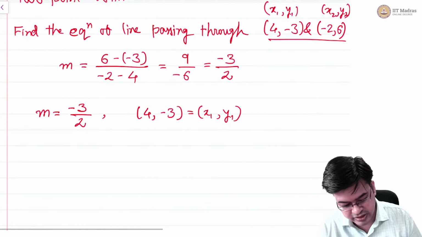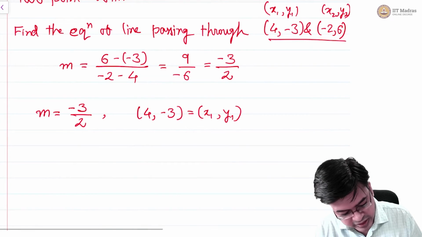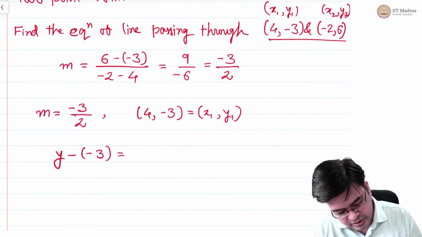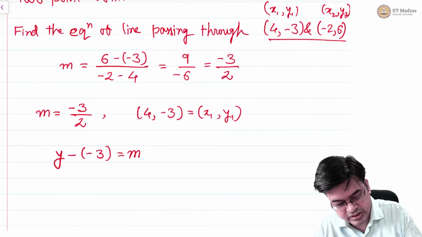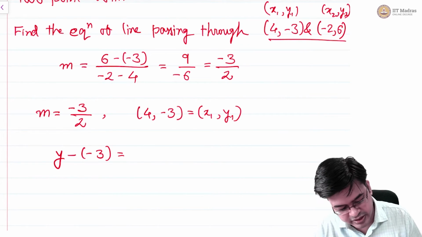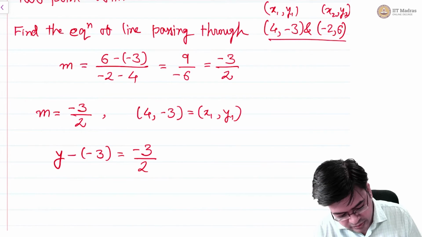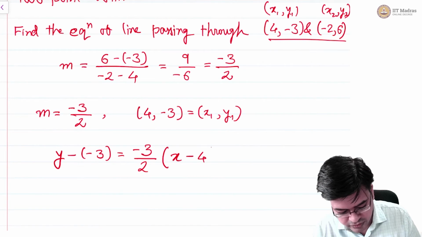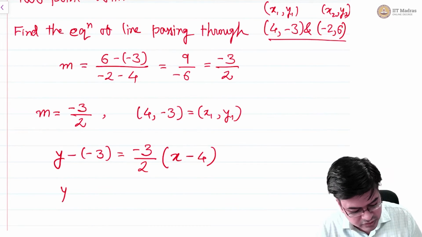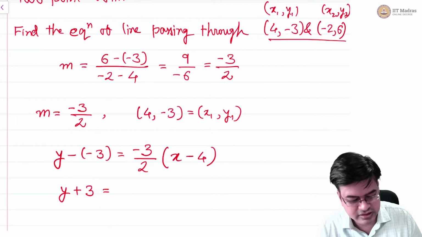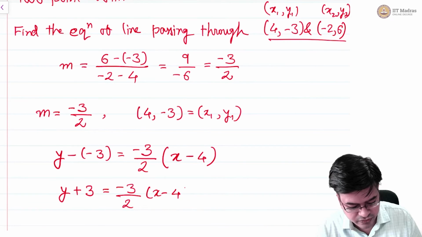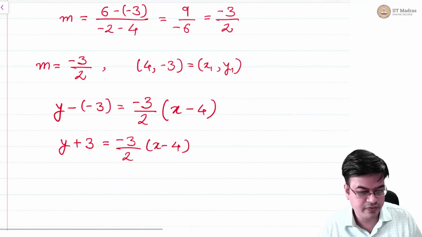So what is y1 here? y1 is -3. So y minus (-3) is equal to m times, and m here is -3 by 2, so -3 by 2 times (x minus x1). What is x1? 4. So this is y plus 3 is equal to -3 by 2 times (x minus 4).